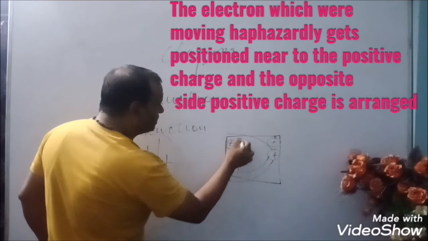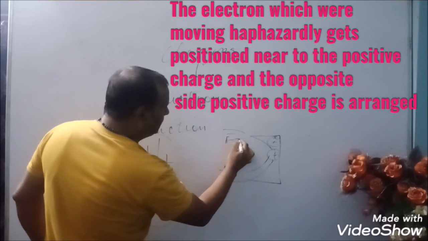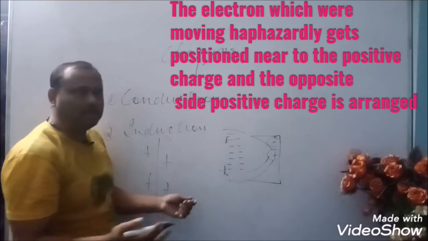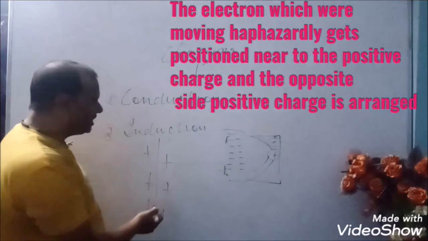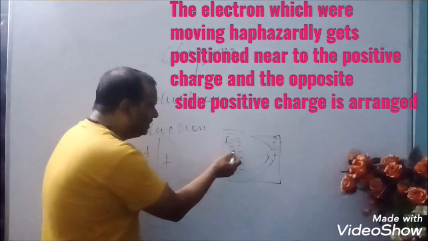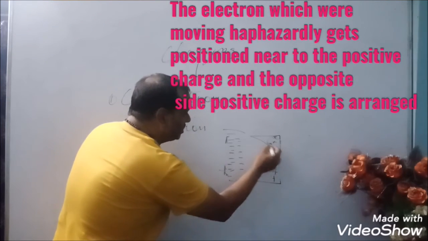They will drift towards this side, and this entire area will be negatively accumulated. Earlier they had no direction. Now since the positive charge has come, unlike charges attract, therefore all the negative charge has drifted toward this side, and the other side has become positively charged.